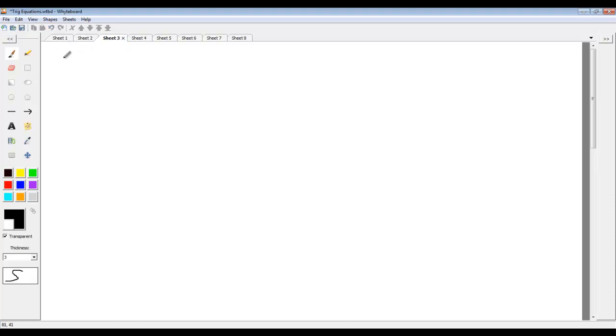Okay, now your factoring is not always going to be linear factors. You might have quadratic factoring. Let's say you have something like 3 sine squared x minus sine x minus 2 equals 0.